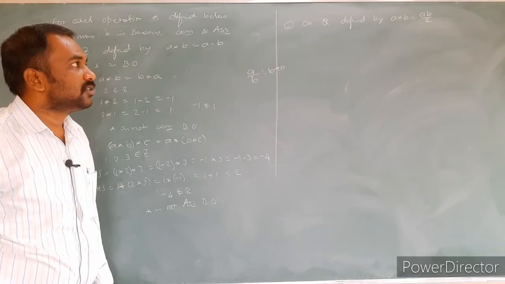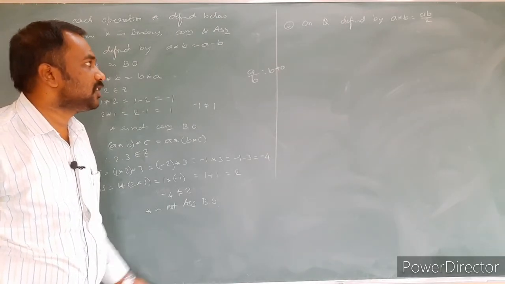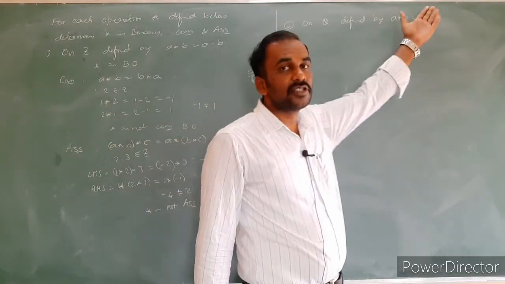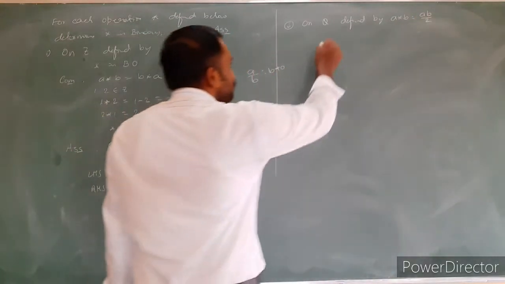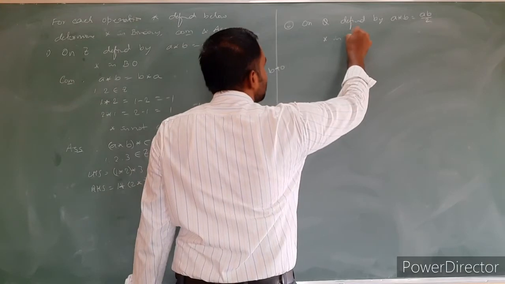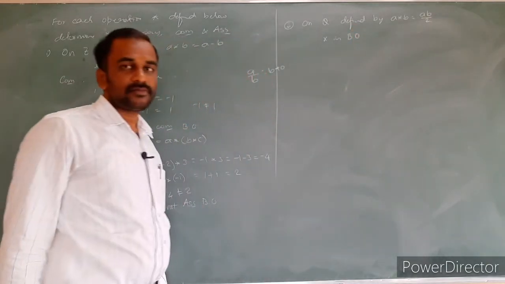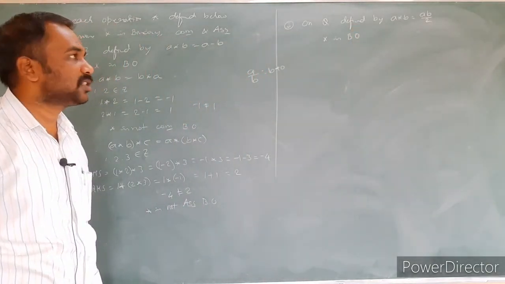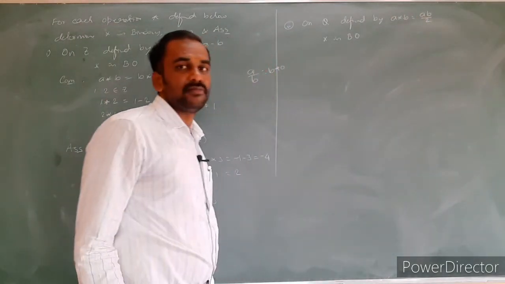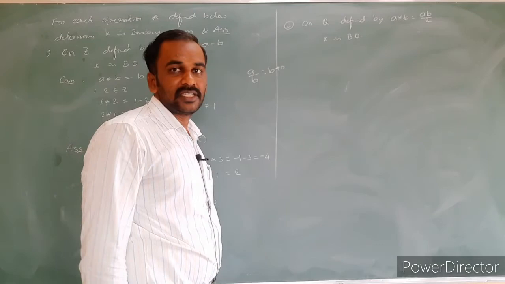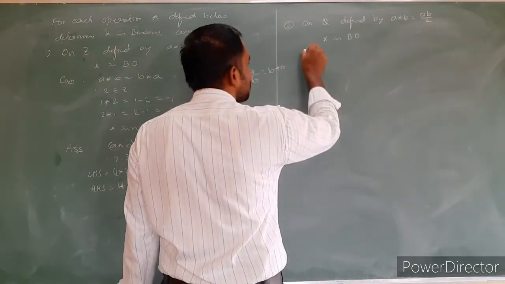Here A or B might be 0, and 0 divided by any number is 0, nothing to worry. Obviously star is a binary operation. Do people agree? On simplifying, we get the product of rational numbers divided by 2, again a rational number. Star is a binary operation.